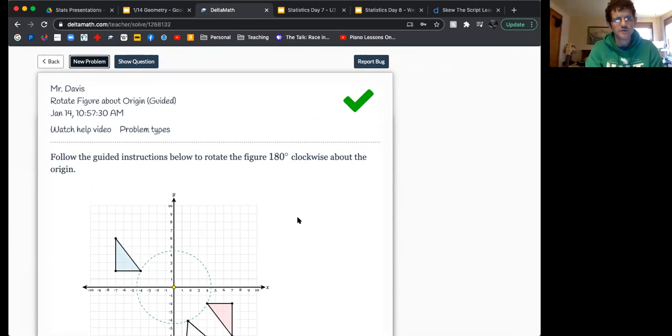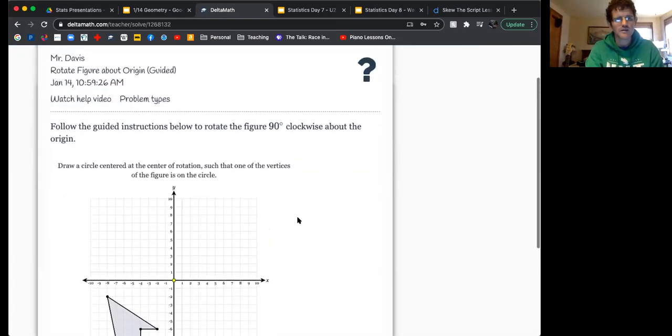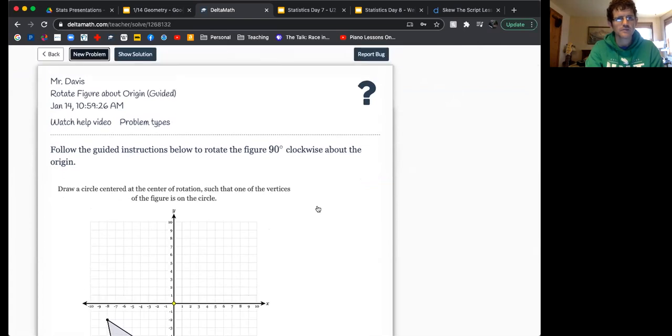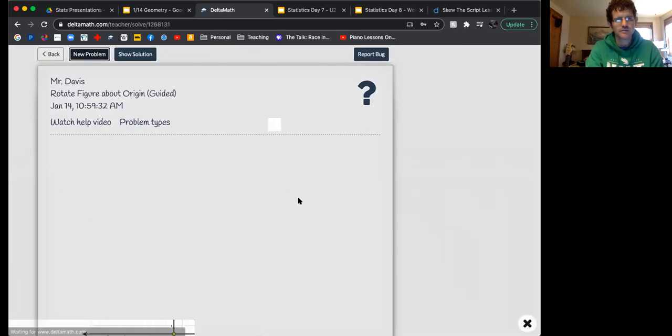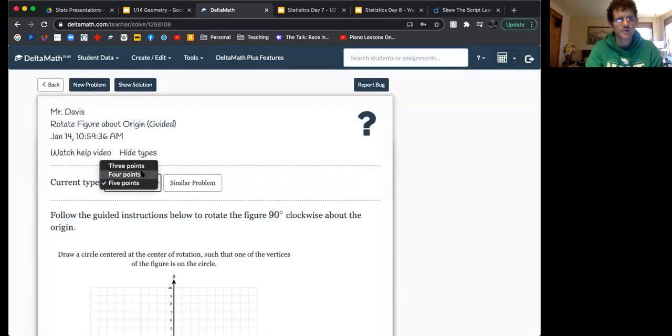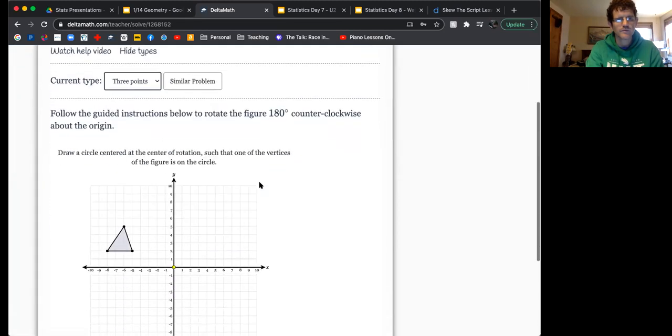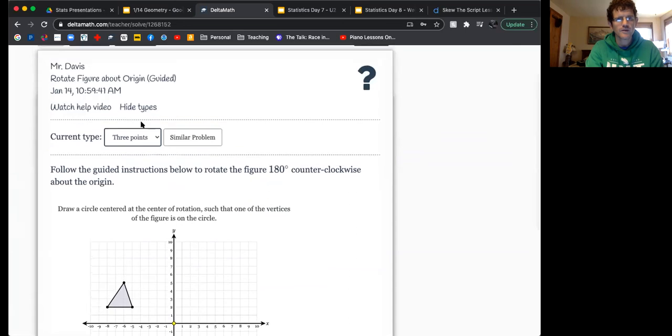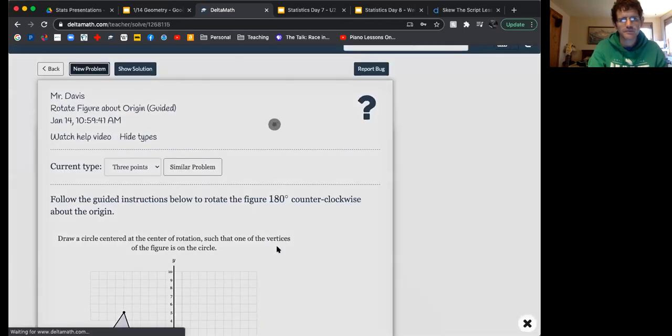So I want to come up with a new problem. Hopefully it's a, okay, I don't want to do a pentagram. Nah, I'm trying to do it with fewer. No, I can do it this way. All right, I don't want 180 degrees. Sorry, I'm looking for a specific type of problem.